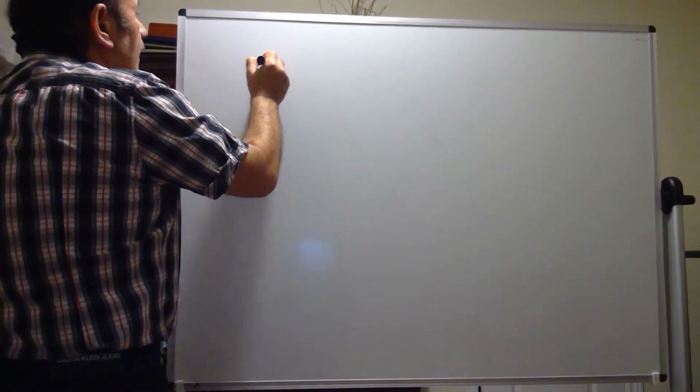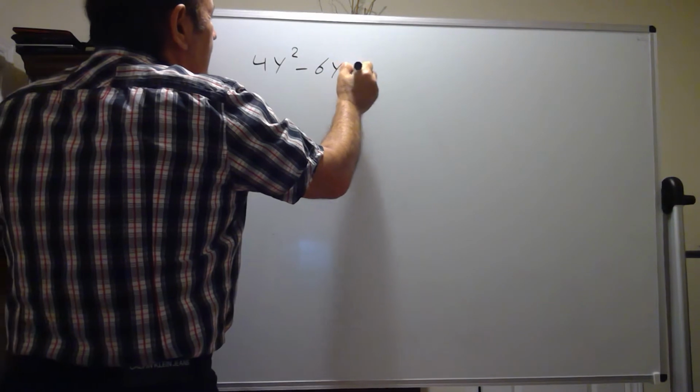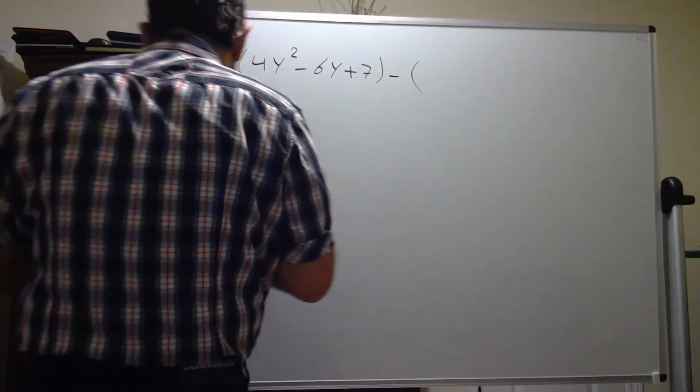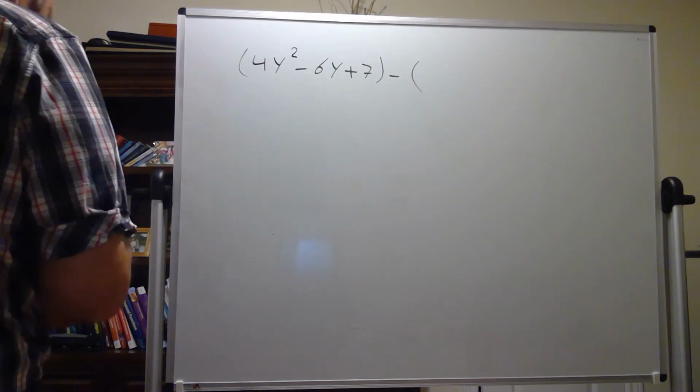4y squared minus 6y plus 7, this polynomial, minus 2y cubed minus 5y minus 4.